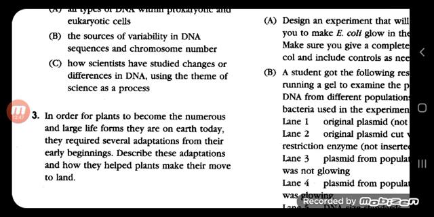DNA has phosphate groups, so it is negatively charged and moves towards the positive pole. Then the separation of DNA in agarose gel is based on size. The smaller the molecules, which we call beads or DNA fragments, the faster they move.